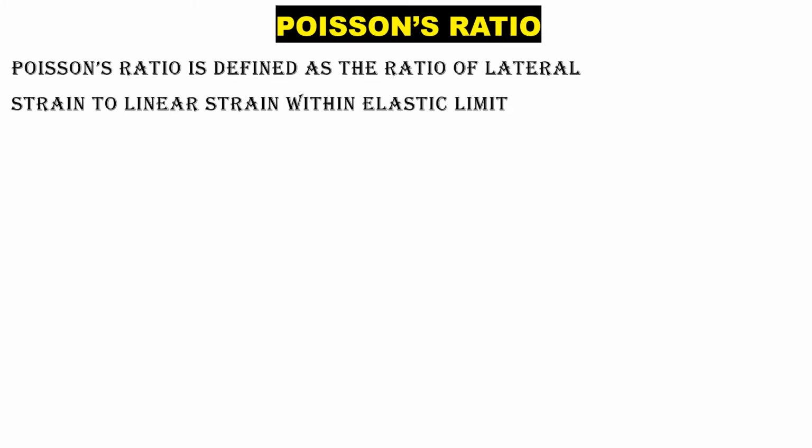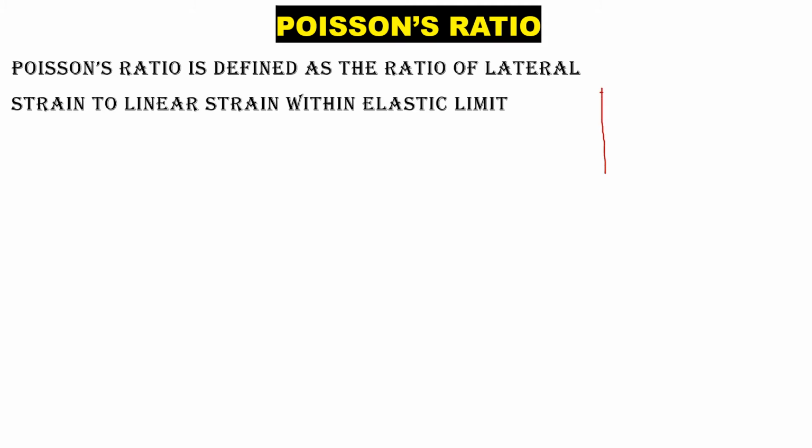Poisson's ratio is defined as the ratio of lateral strain to linear strain within elastic limit. Now, we see that it is a ratio. What is lateral strain and what is linear strain?